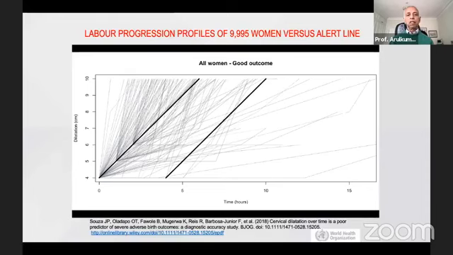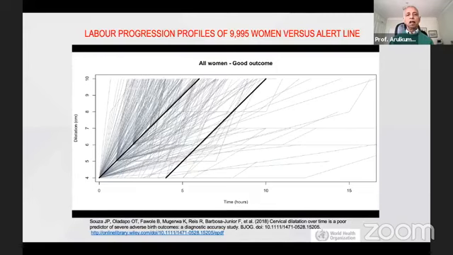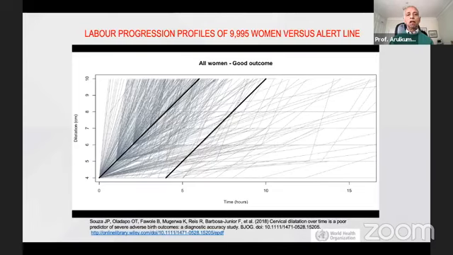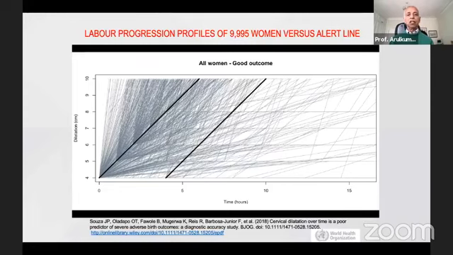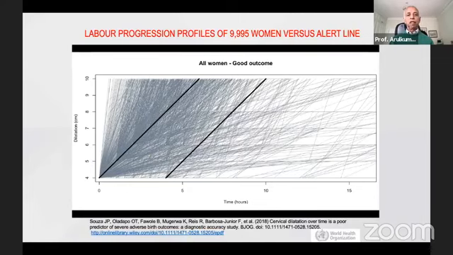So as you could see, even if the woman delivered 15 hours, 18 hours, 20 hours after the labor started, they had good outcome. Now I'm going to plot those who had poor outcome to see whether all those with poor outcome to the mother and baby were dilating very slowly or very quickly or in between.